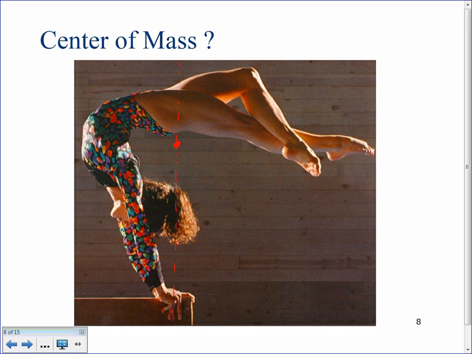If her center of mass would be over here, we'll see later on that that would cause her to rotate counterclockwise, and she would fall down. If her center of mass is over here, it would cause her to rotate clockwise, and again, she would tip over. But if her center of mass is directly over that support point, like it is in this picture, then she's perfectly balanced.